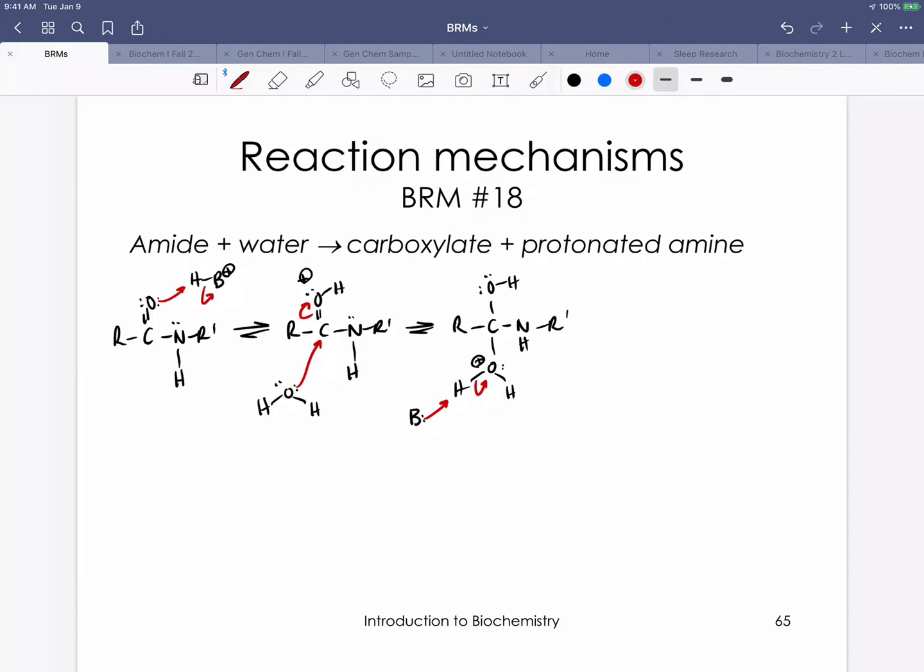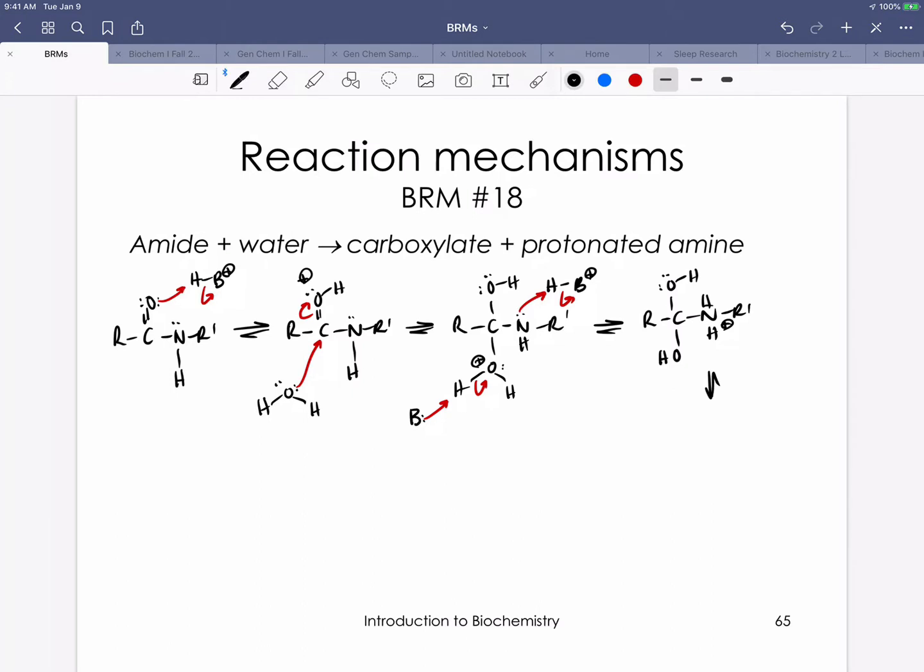So again, we can deprotonate what was our incoming water nucleophile, and then we can protonate here our amide, since we want this to be our leaving group. So having a neutral or relatively neutral intermediate here is going to be important.